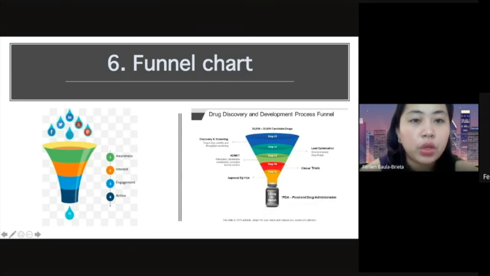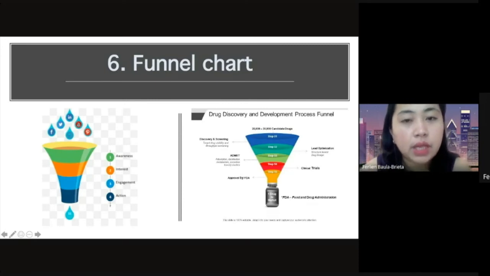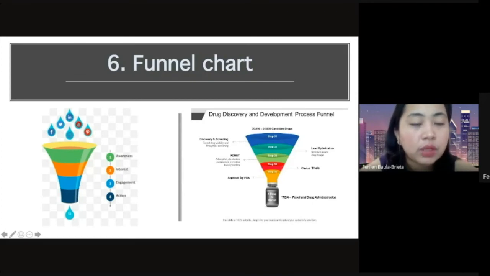output later on? Okay, so the funnel consists of the higher part called the head, and the lower part is the neck. Sorry, so we have the head and the neck. So for example, here in the left portion, we have awareness, interest, engagement, and action.